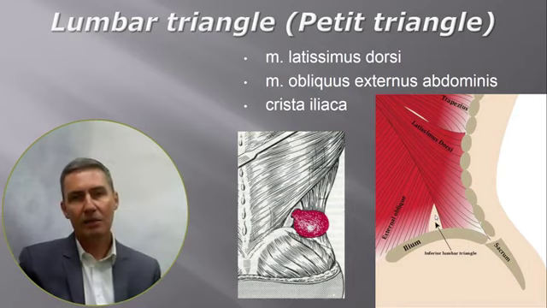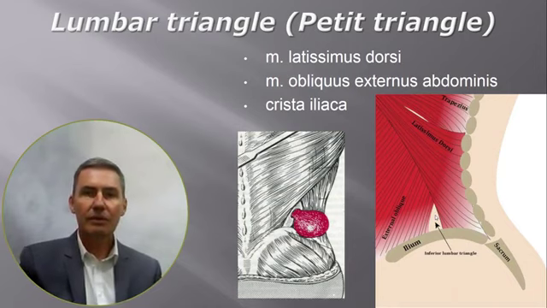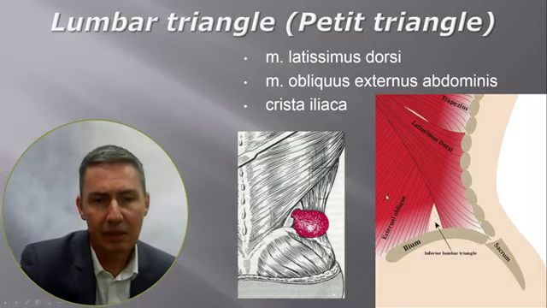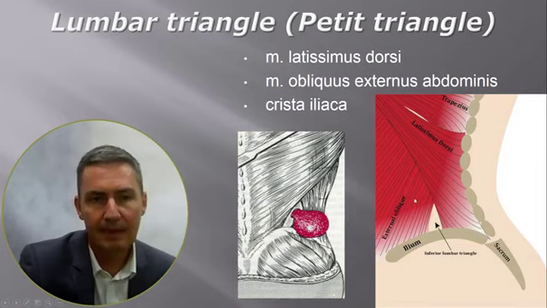That's why internal organs can protrude through the muscles in between the muscular fibers of the transversus abdominis and internal oblique muscles.